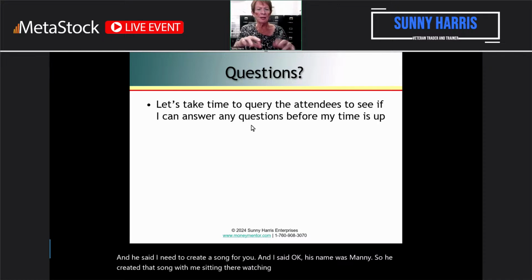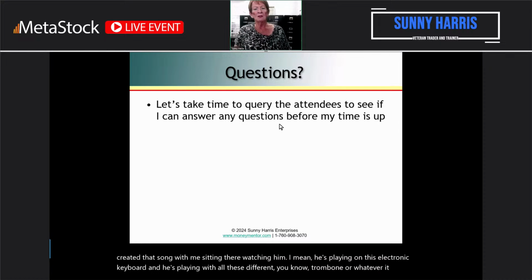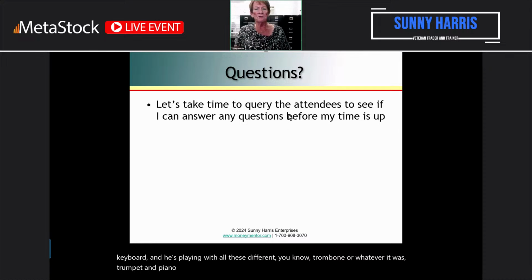He's playing on this electronic keyboard with all these different sounds, trombone or trumpet and piano and all kinds of other things accompanying. And he programmed that for me. He said, this one fits your personality better. So I've been using that ever since as my theme song. All right. Very good for catching it.